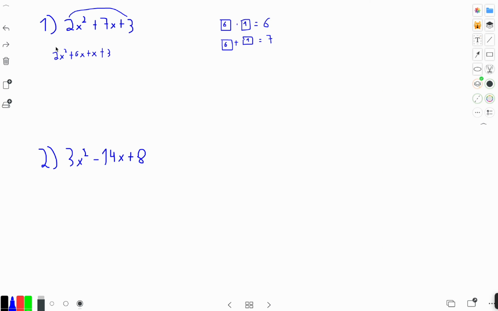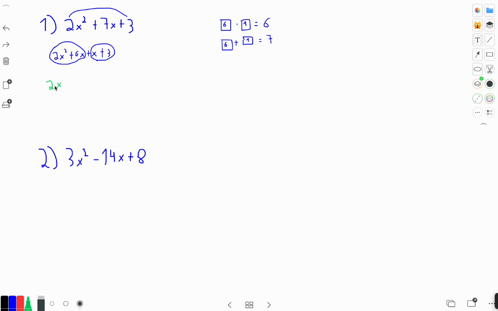Now, we're going to look at these two terms and these two terms separately, because we're going to take the greatest common factor out of both of them. 2x squared plus 6x has something in common, and that is 2x. This is the greatest thing we can take out of that statement.